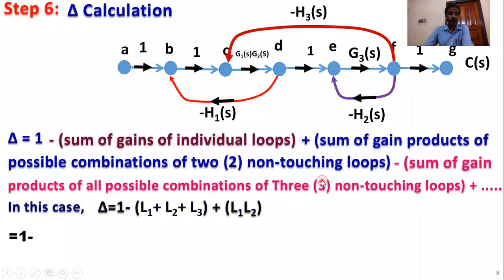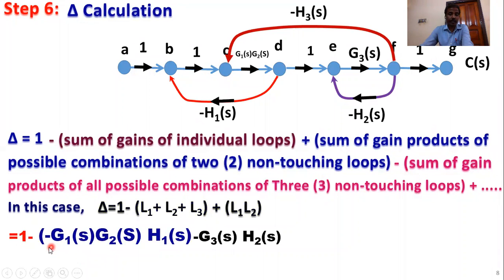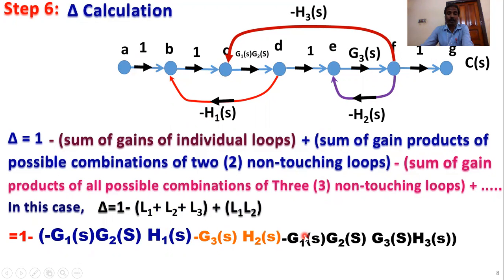Then 1 minus, put here the L1 value. L1 equals what? L1 equals G1, G2 minus H1. So G1S, G2S, H1S, plus L2. L2 means this gain. So G3 into minus H2S. Similarly, minus G1S, G2S, G3S, and H3S.